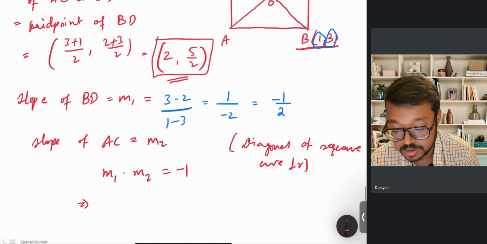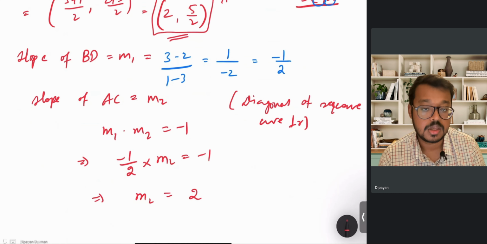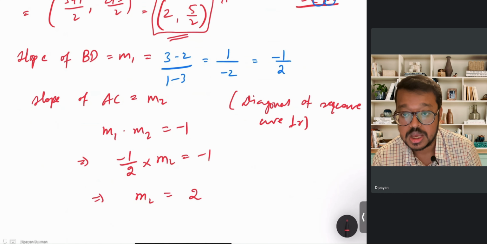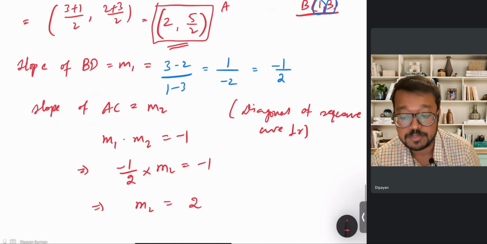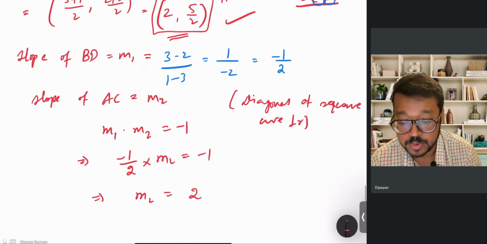So therefore, M1 is minus 1 by 2 multiplied by M2 is minus 1. So I will have M2 value is 2. Alright, so I have the slope of AC is 2 and it also passes through the point (2, 5 by 2). So I can use the point-slope form.